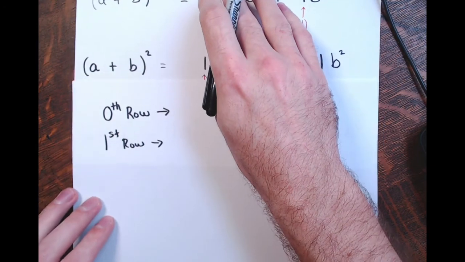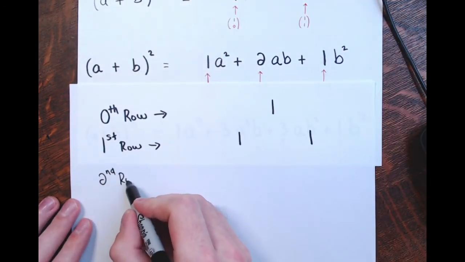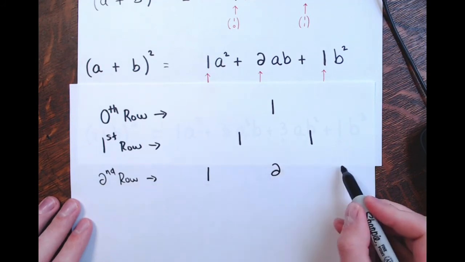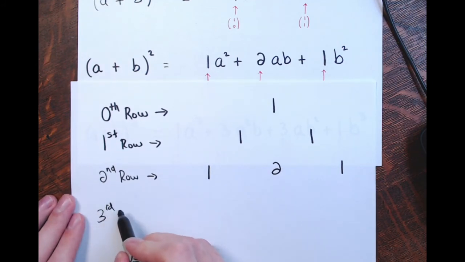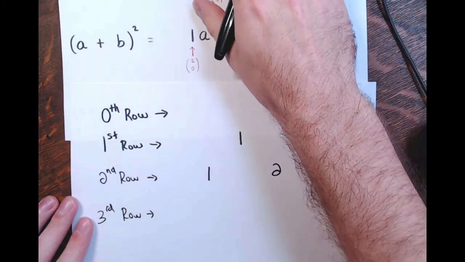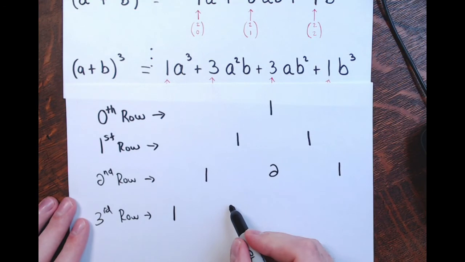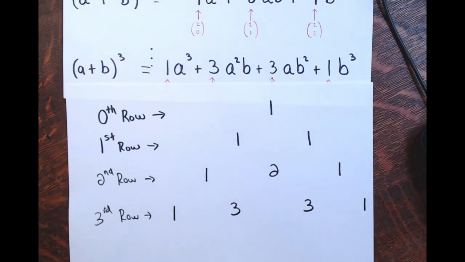Then when I raised a plus b to the second, we'll call this the second row of the triangle. I had 1, 2, 1. And then finally I'll do the third row here. When I raised the binomial to the third power, we had coefficients of 1, 3, 3, and 1. Right.